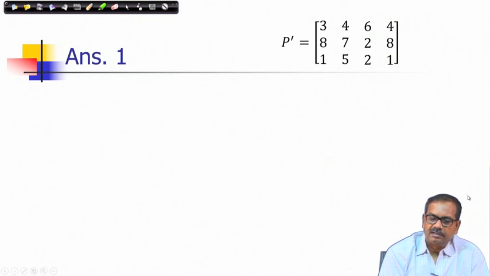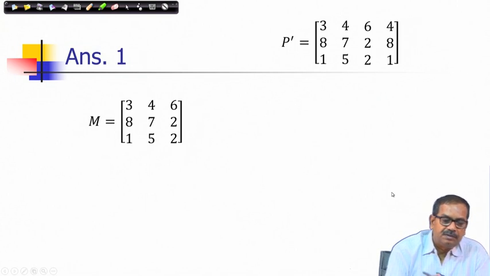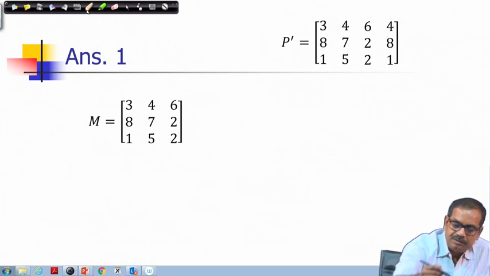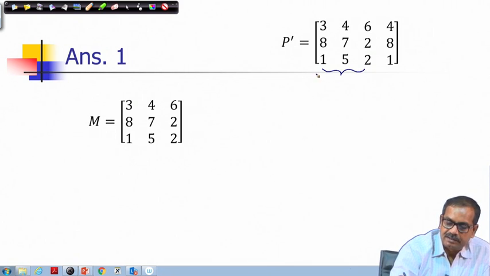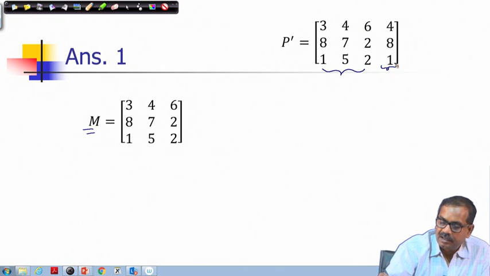So, let us see how we can do this computation. P prime is given, as I mentioned, and P is also given here. Here we will take this 3 cross 3 submatrix, which is denoted here as capital M, and then we will also consider the column vector, which is denoted by small m.